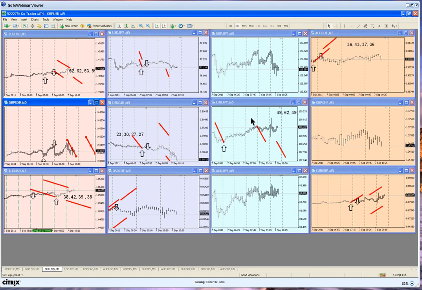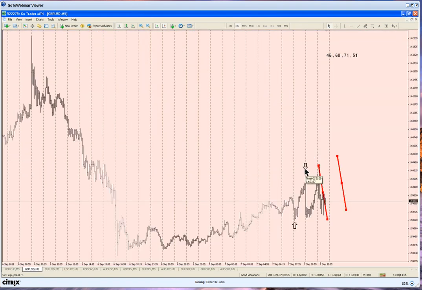Let's look at this one. Same thing. It probably just took our entry and shot right down. In fact, I think we made quite a bit of money on the pound.